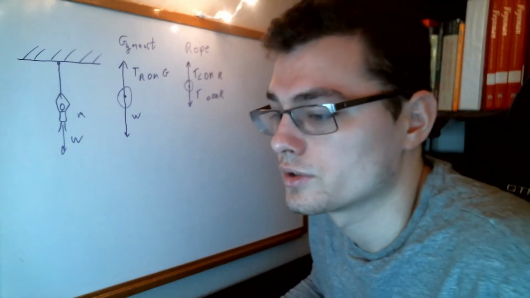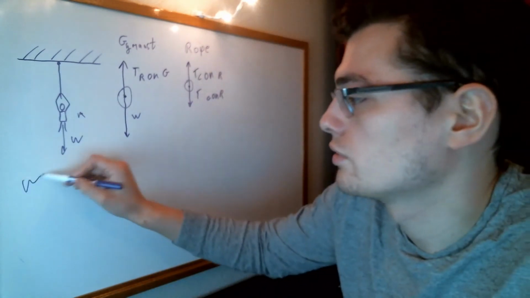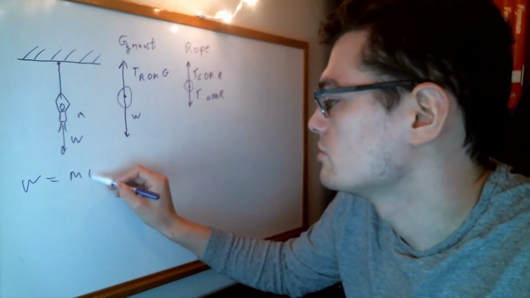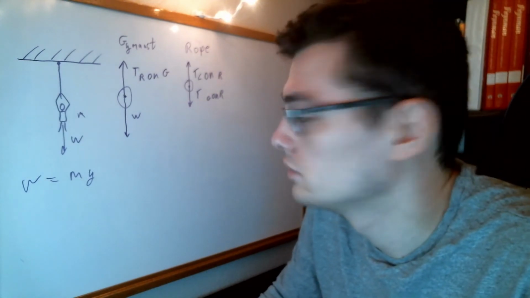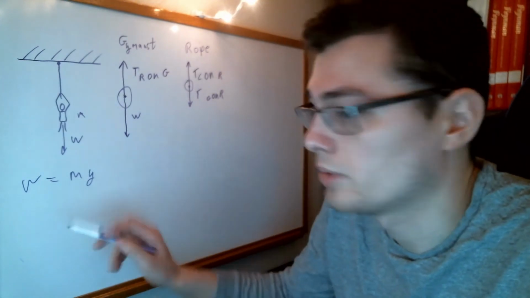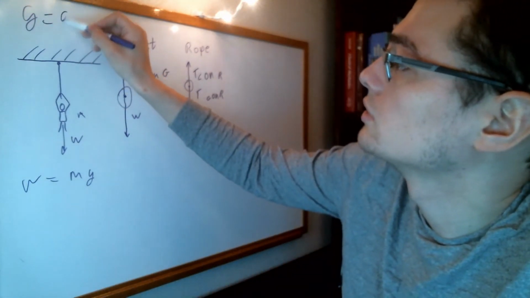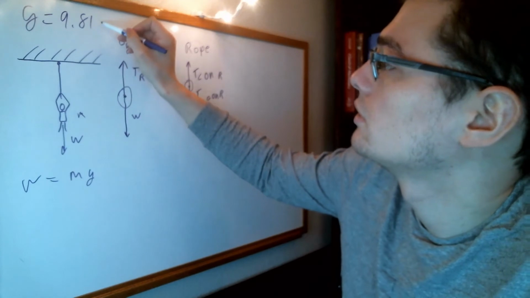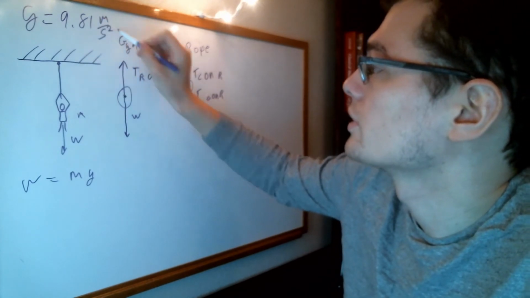So first things first, we can evaluate the weight of the gymnast, and the weight is just going to be W is equal to mg. And all we have to do is multiply the mass by gravity, which in this case is going to be 9.81 meters per second squared.